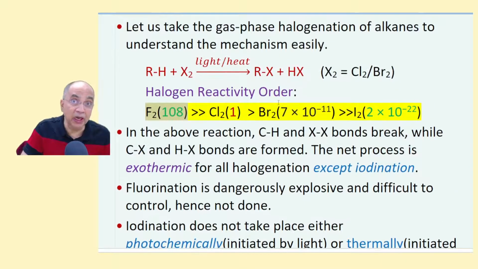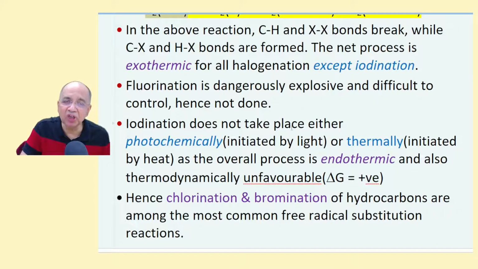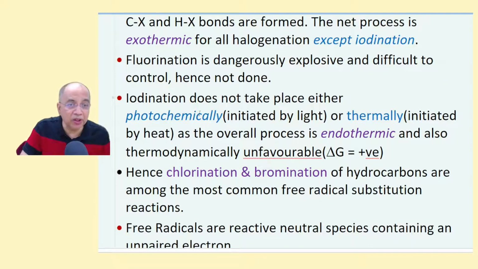Now I told you why we abandon fluorination, because of its uncontrolled nature. Fluorination is dangerously explosive and difficult to control, and hence not done. Iodination does not take place photochemically, that is initiated by light, or thermally initiated by heat, as the overall process is endothermic.